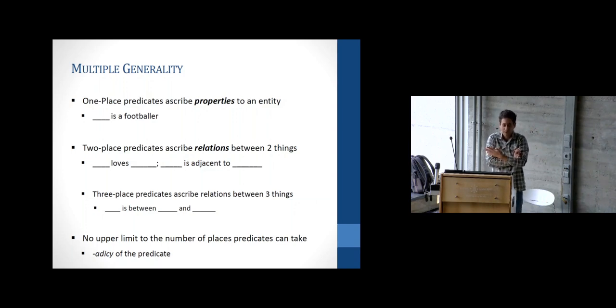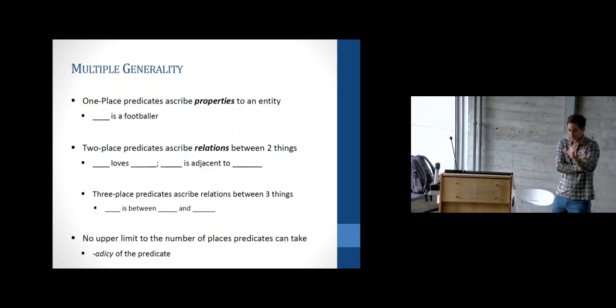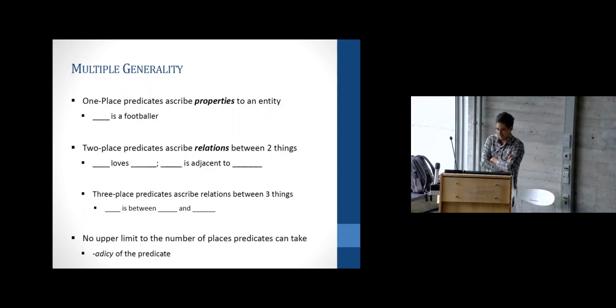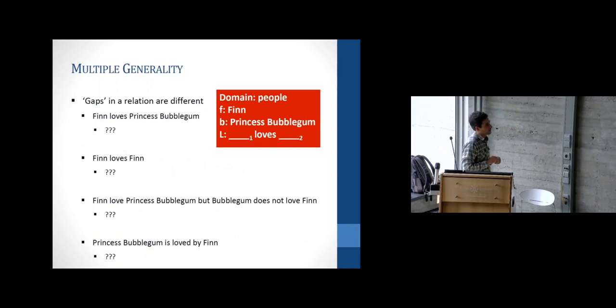You can have 4, 5. Don't worry, we will stick to 1 and 2 most of the time, but 3 from time to time. The idea is that relations can have multiple placeholders, so to speak. And the order is important when you have two places in a two-place predicate.